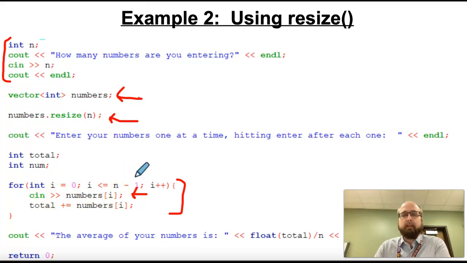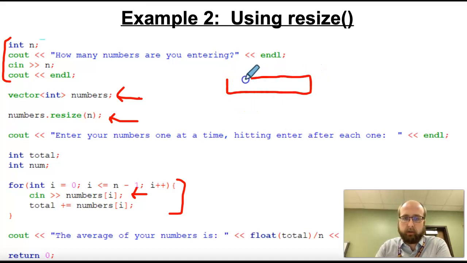Now it's not resizing the vector. It has already put aside enough spaces. So if they said they want to enter 5 numbers, it's just going to set aside 5 blocks of memory. Since these are ints, it's like 4 bytes each, I think. But anyways, 5 spaces in memory to hold the integers.